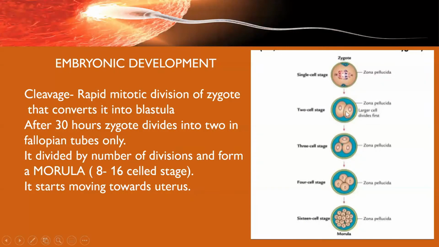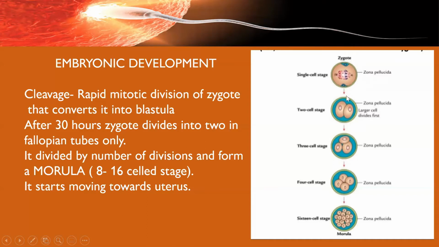Look at this figure. This is the initial zygote state. This zygote divides into 2 cells. Then there are 4 cells, and then they multiply into a 32 cell stage that is called morula. But in all these stages, there is one thing that is common, the zona pellucida.